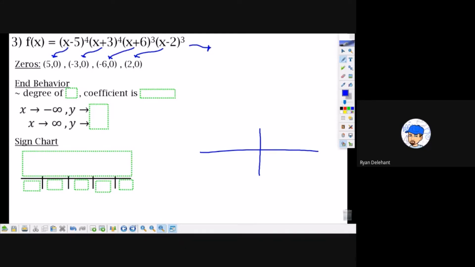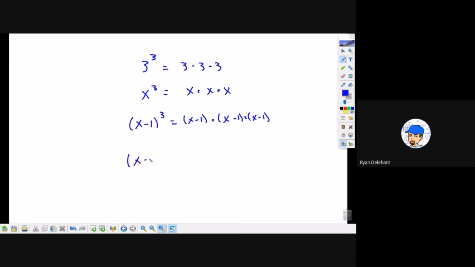X minus 5 to the 4th really means x minus 5 times x minus 5, x minus 5 times x minus 5. Meaning if we're counting x's so we can figure out the power of our lead coefficient, that x is really in there 4 times.